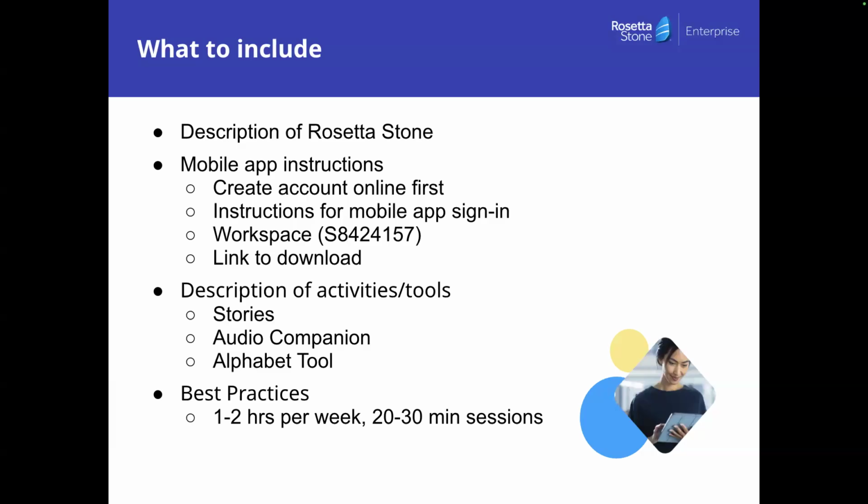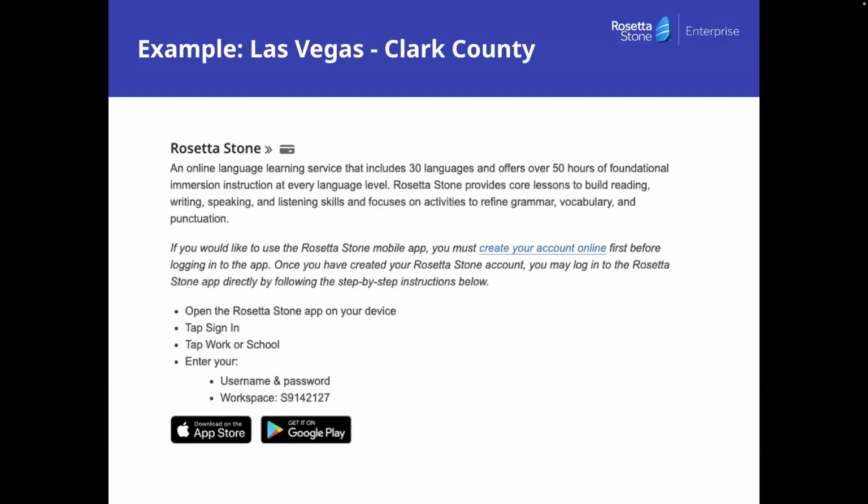Now, to give you an idea of what that A to Z list might look like, I pulled a picture from Las Vegas, Clark County's library page. I think they have a nice description of Rosetta Stone included here, and they also have some instructions for the mobile app. So I thought it would be a good example to share with you.